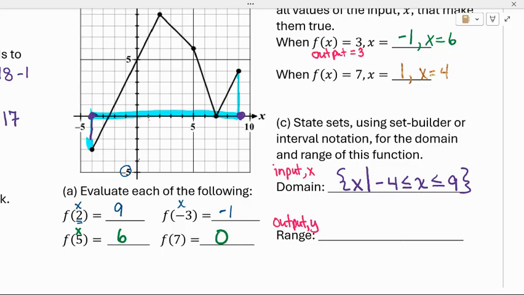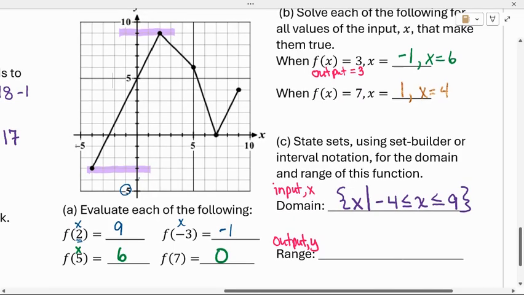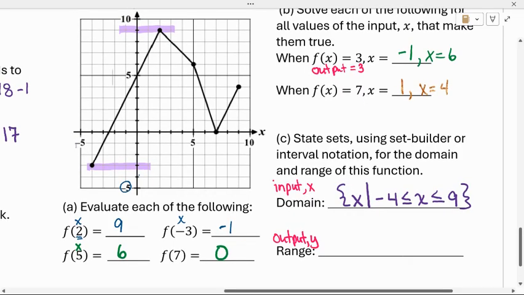Let's talk about the output value or the range. What is the lowest our graph goes? Well, the lowest our graph goes is right here. And what's the highest our graph goes? Right here. So, Aiden, what is the smallest y value?